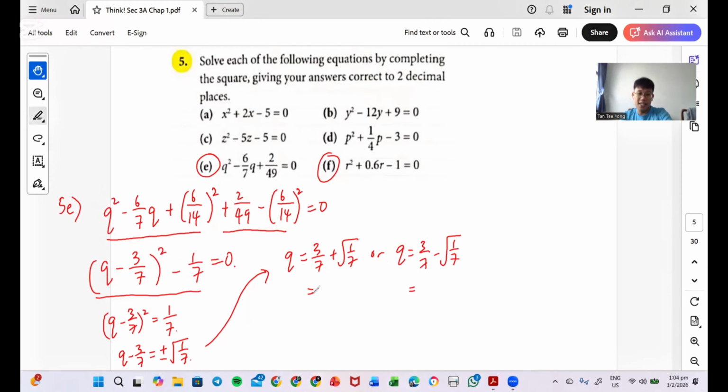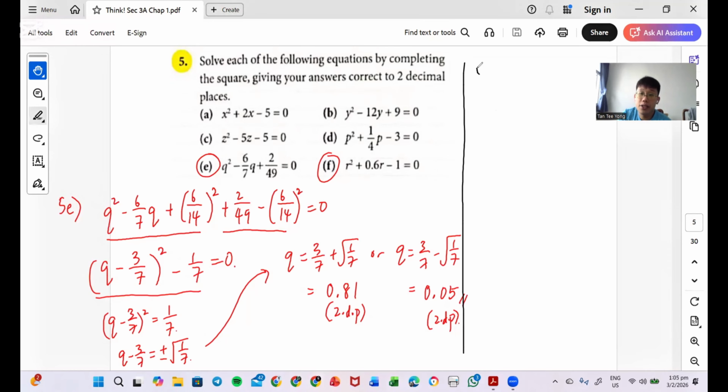All right, then you just key in the calculator and that is your answer. So this is two decimal place, 0.81. The other one is 0.05. Okay, so this is two decimal place also. All right, so this is for 5E.